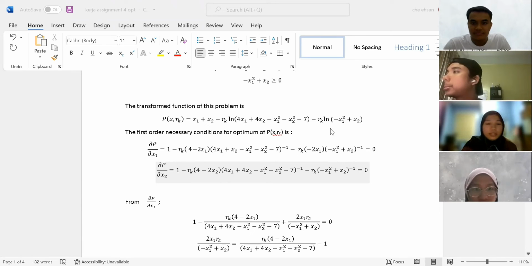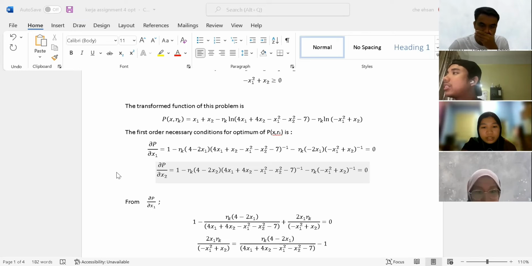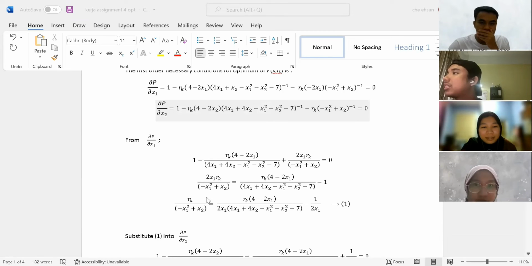Okay, so next I will continue from delta P over delta x1. From delta P over delta x1 equal to 0, we simplify and note this as equation 1, and then we substitute equation 1 into delta P over delta x2.